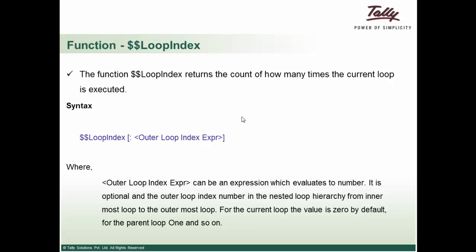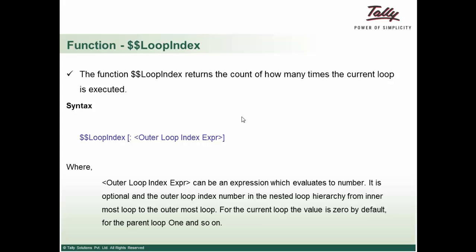As it can be a nested looping condition, we also have something called the outer loop expression. This can be an expression which evaluates to a number. It is optional, and the outer loop index is the nested loop hierarchy from the innermost loop to the outermost loop. Say we have an object context of voucher, inventory entries and batch allocations, and you say $loop index.